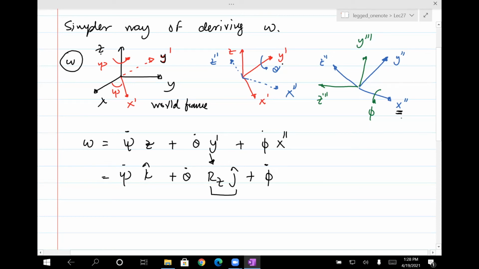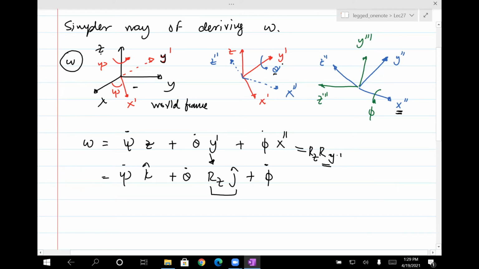that is X double prime. So X double prime, it came from this rotation. So it came from R theta or R Y. But before that, there was another rotation, R Z. So that rotation then takes me to this frame.